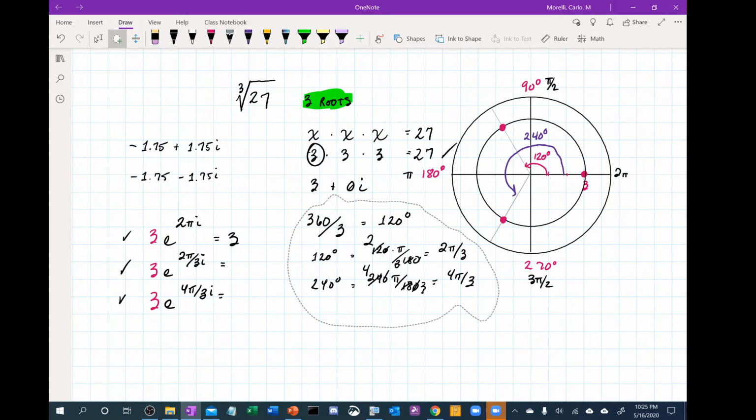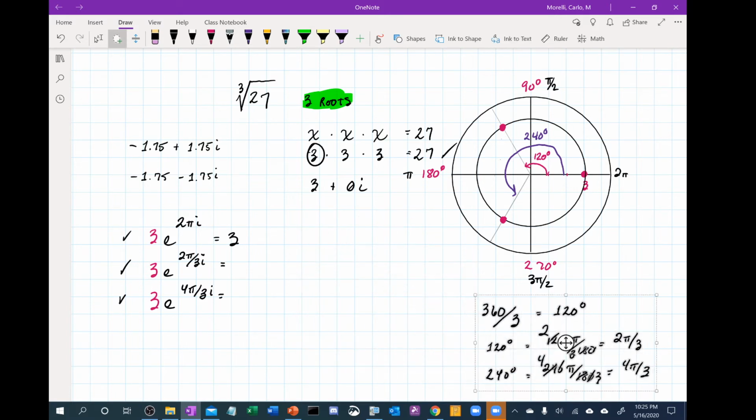So let me show you how to use Euler's formula to take these and turn them into polar coordinates. What you do is you take the magnitude of the vector, called the modulus, and you put it here outside.